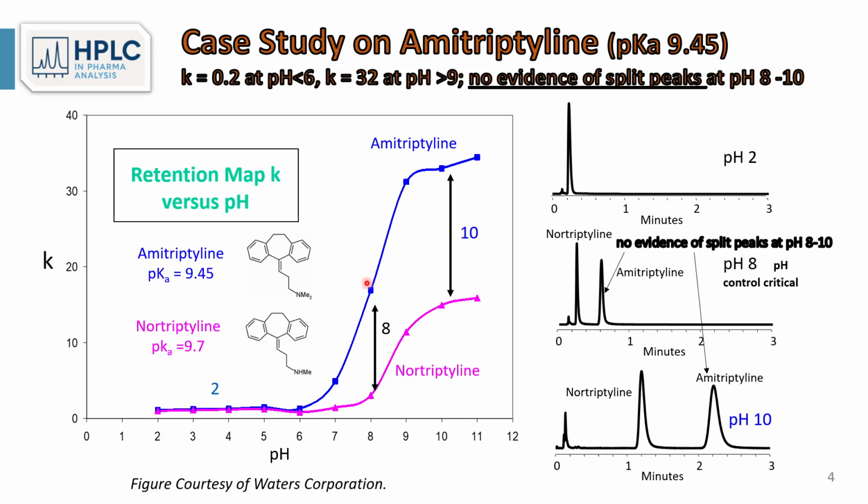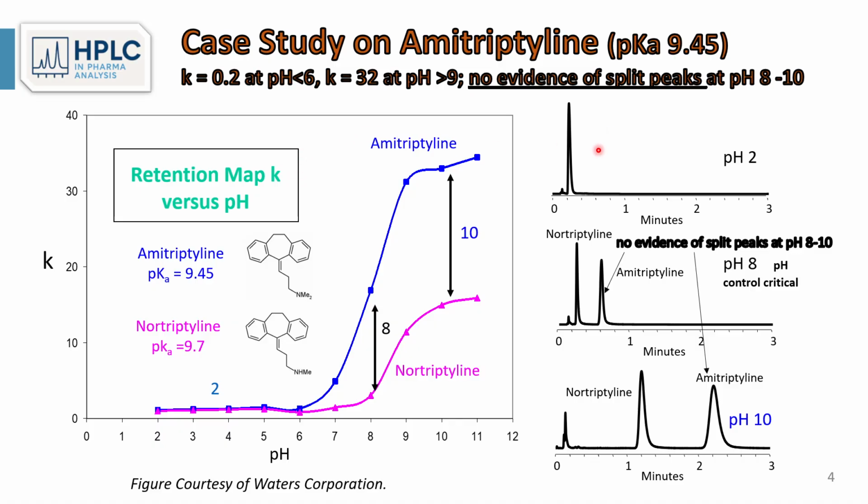Retention is going to be very low at acidic pH because these will be ionic, protonated, and therefore very water soluble, while at high pH, near the pKa, they will be non-ionized and therefore have a much higher retention factor or retention times.